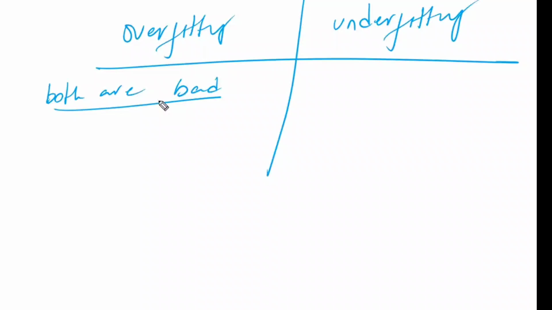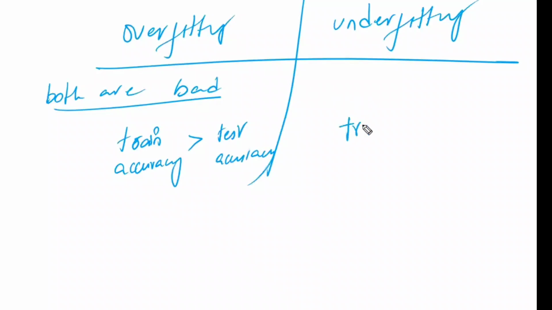When your train accuracy is greater than test accuracy, it is called an overfitting problem. If your train accuracy is less than test accuracy, it is called an underfitting problem.